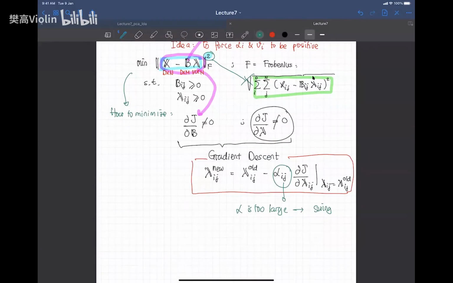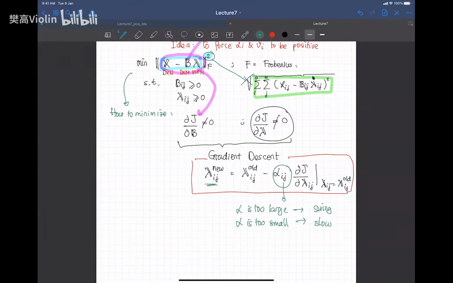The error of this new lambda will not converge. That's called swinging around the minimum. And if alpha is too small, what happens then? Anyone know about gradient descent? If alpha is too small, it's slow.